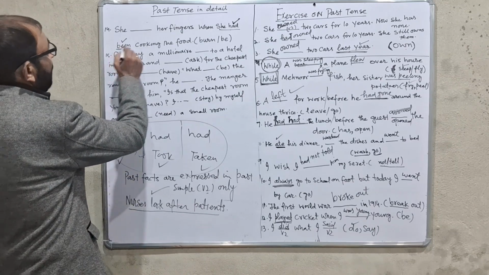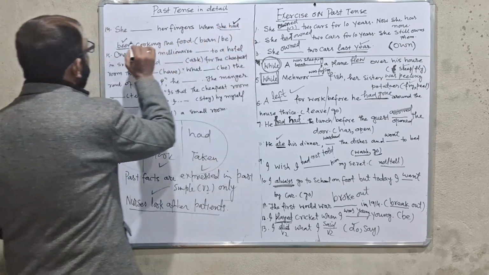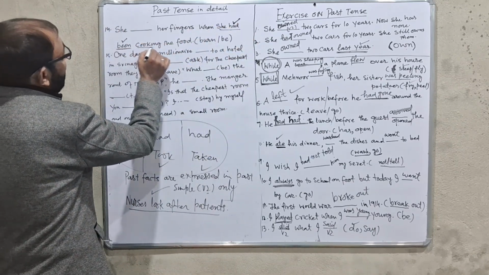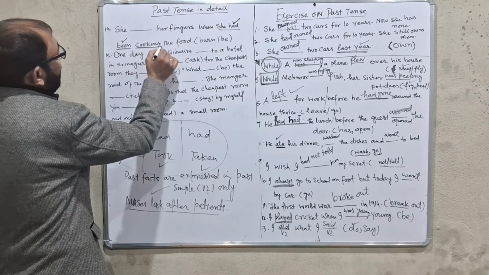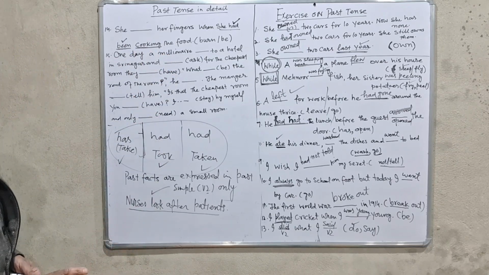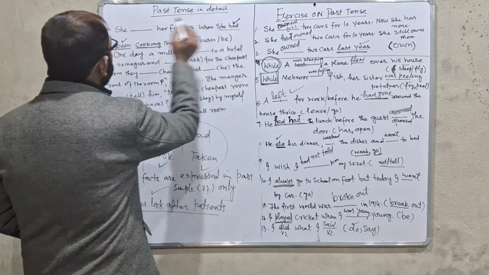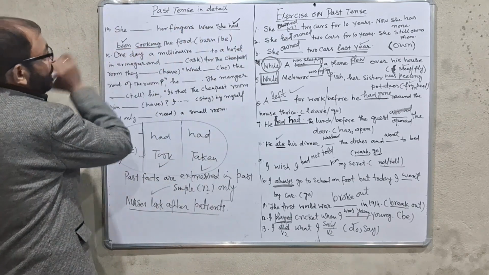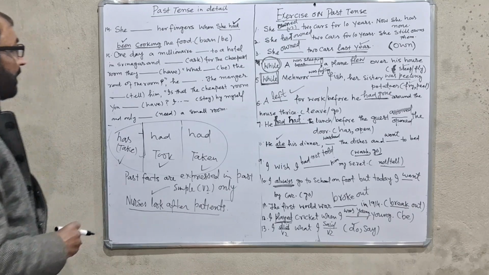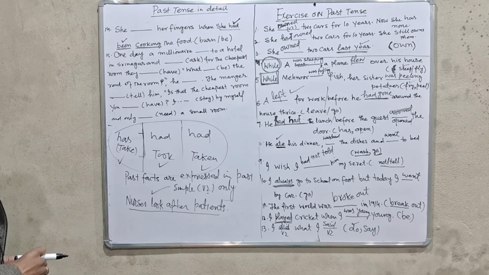This is the perfective form, past perfect. And this cooking is the continuous form. Every ing form implies continuous form, an ongoing action. So it is past perfect continuous.